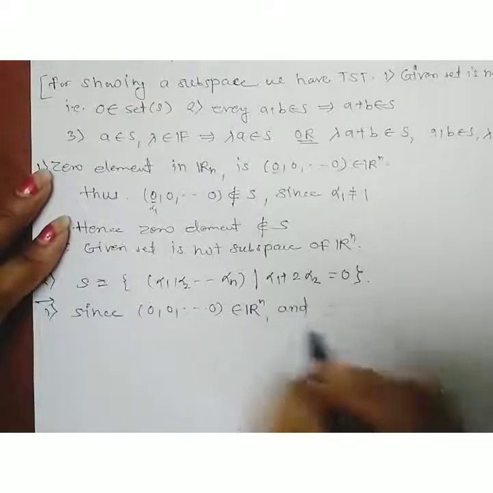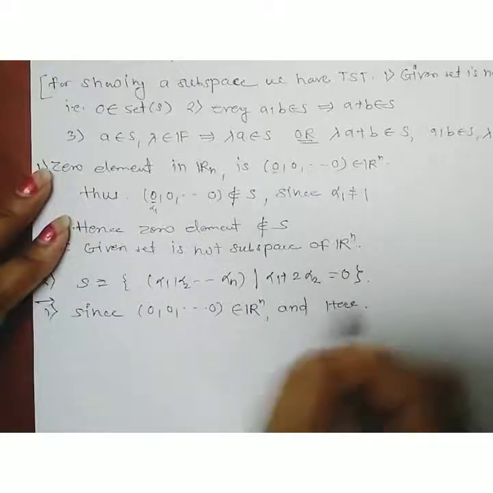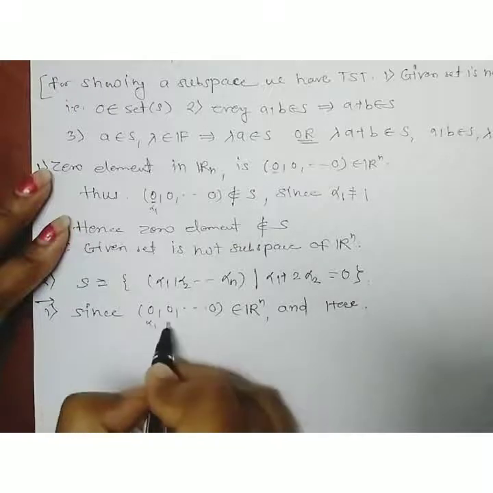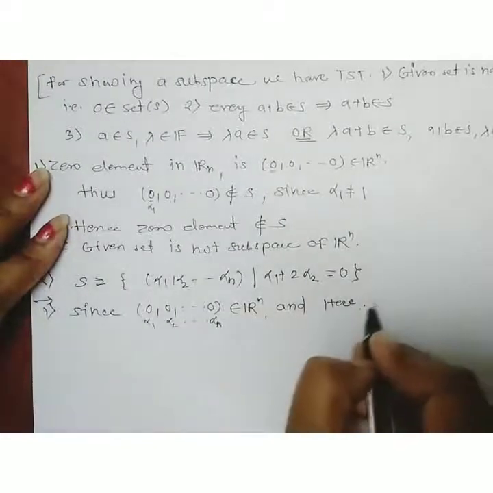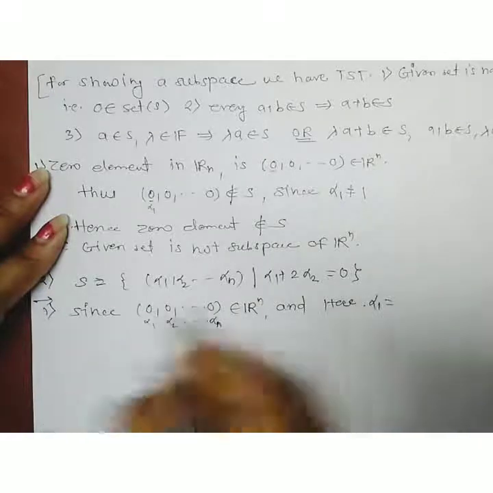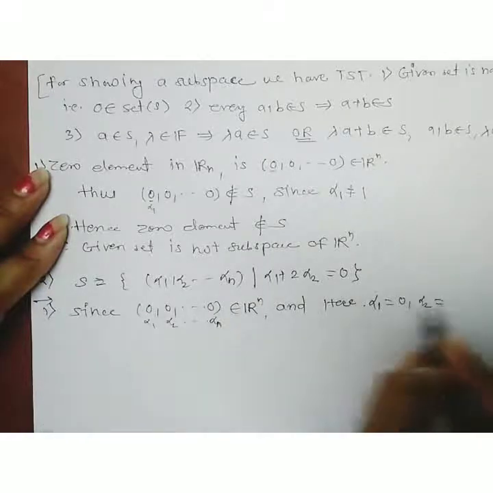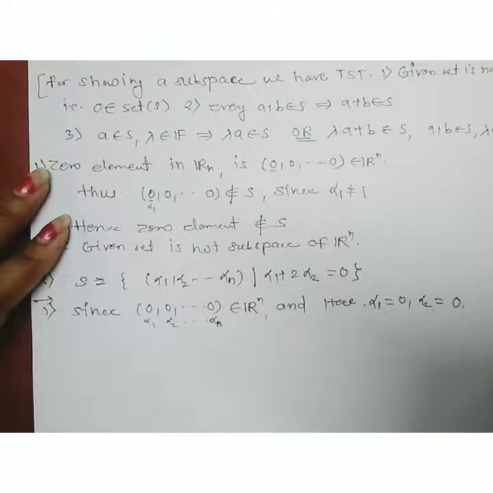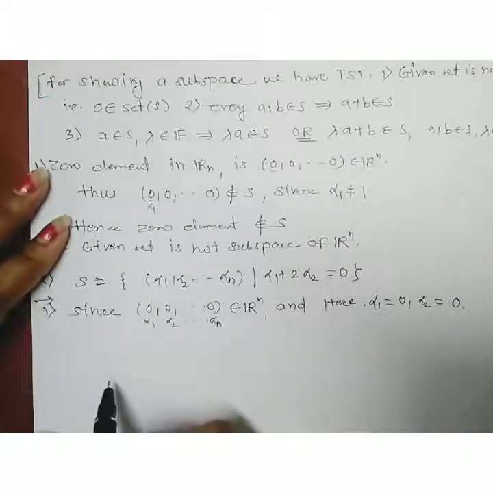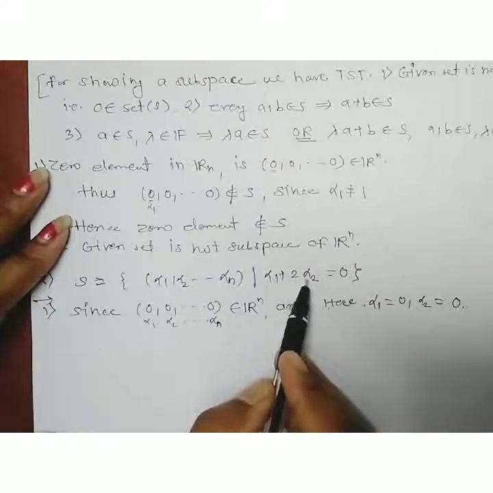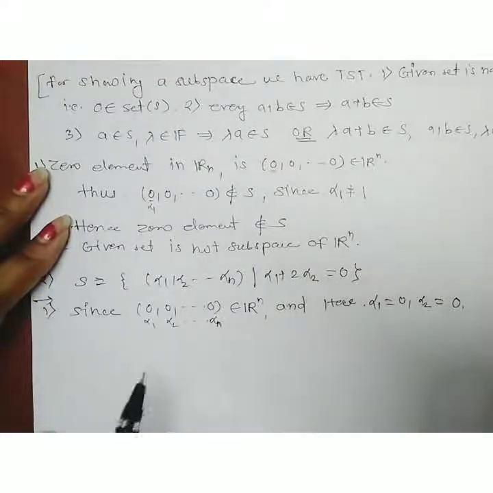Here alpha 1 is 0 and alpha 2 is equal to 0. Does this element belong to that set? We check whether alpha 1 plus 2 alpha 2 is equal to 0.